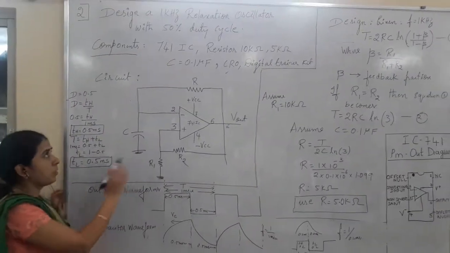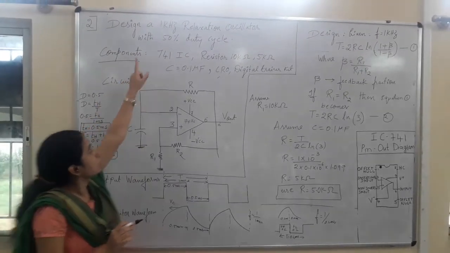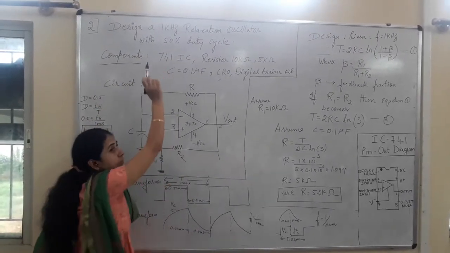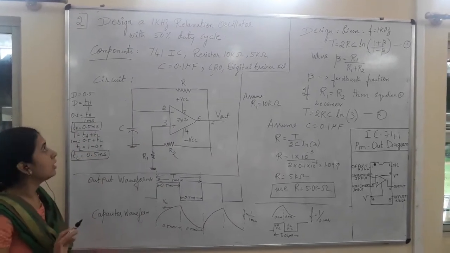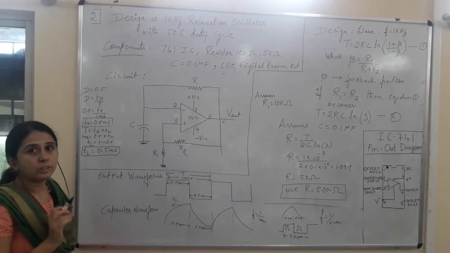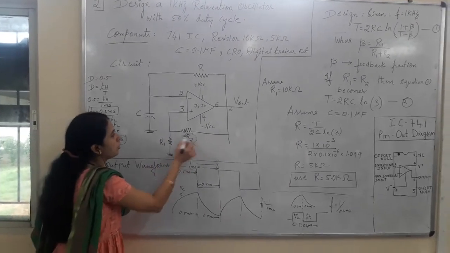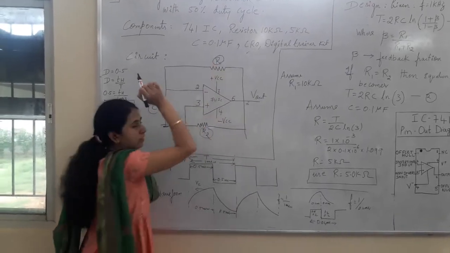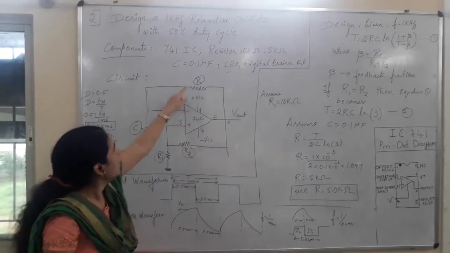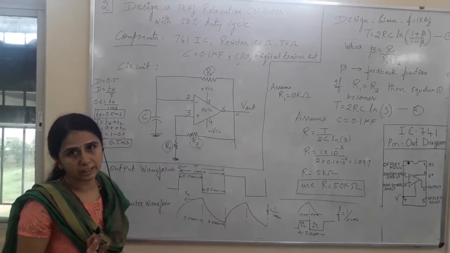As I told before, we have been asked to design a relaxation oscillator for a frequency of 1 kHz. That is the data given. Based on the data, you need to design it. Designing means you need to find the values of R2, R1, the capacitor, and R. Finding the values of all these components based on the data given is nothing but your design.